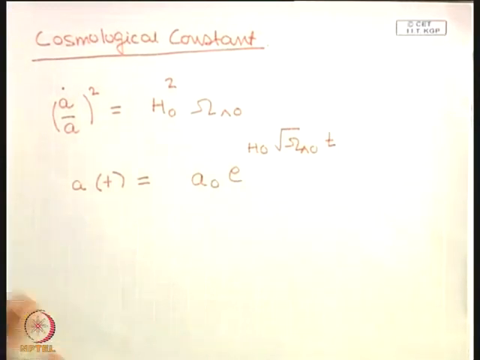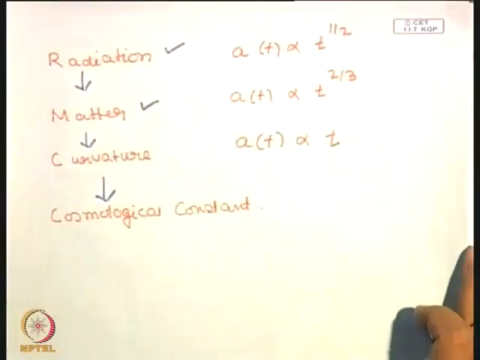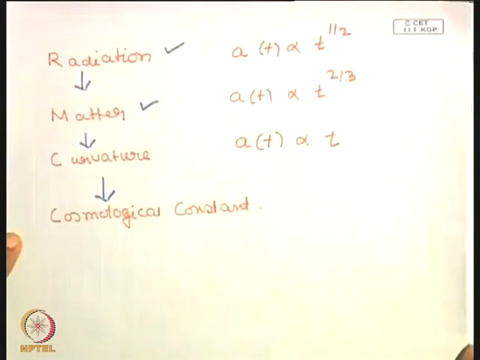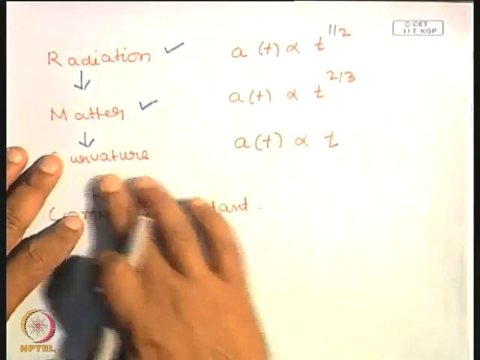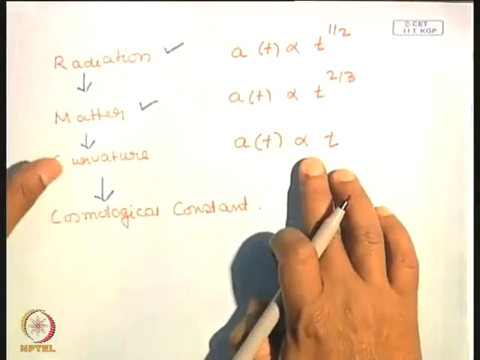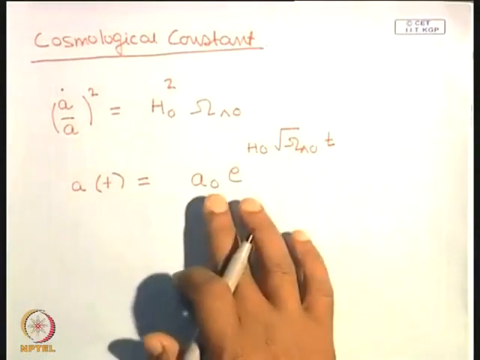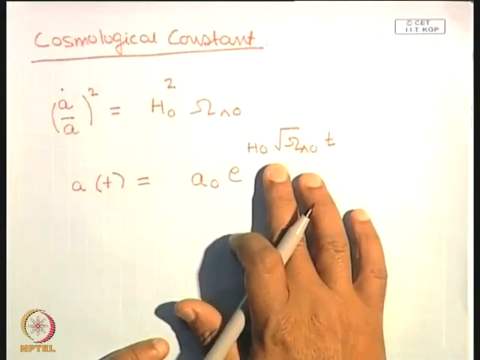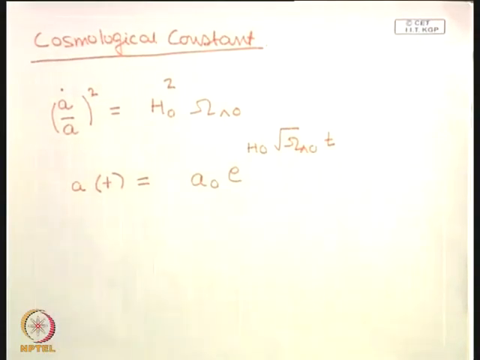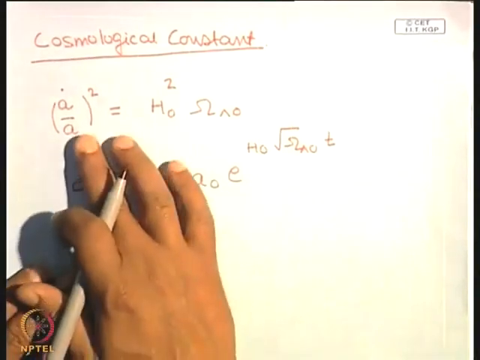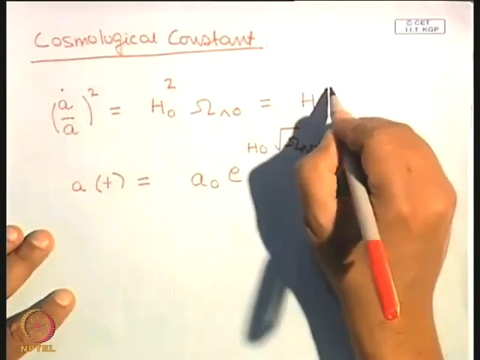So for all of these other situations where gravity tends to slow down the expansion of the universe, we have power law solutions. For a freely expanding model it is proportional to t, whereas for the cosmological constant dominated model the scale factor is an exponentially growing function of time. And the value of the Hubble parameter H remains a constant, it does not change with time.